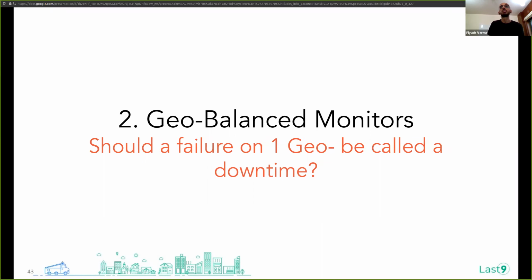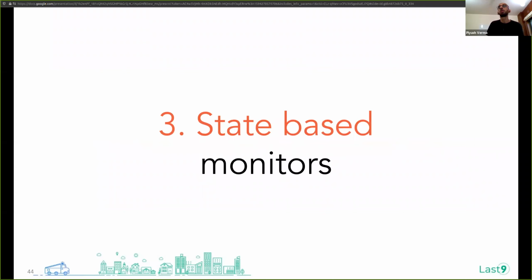One of the third things that most of these monitors do is called state-based monitoring. Now, this is the third challenge, and the foremost challenge is that no monitor is going to hit you every single second. There is a frequency to it, and this frequency is very important to calibrate. I can't make a call every single second because my entire load would just be those requests.